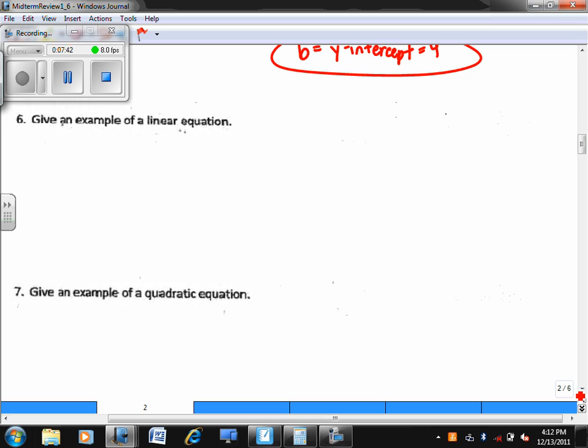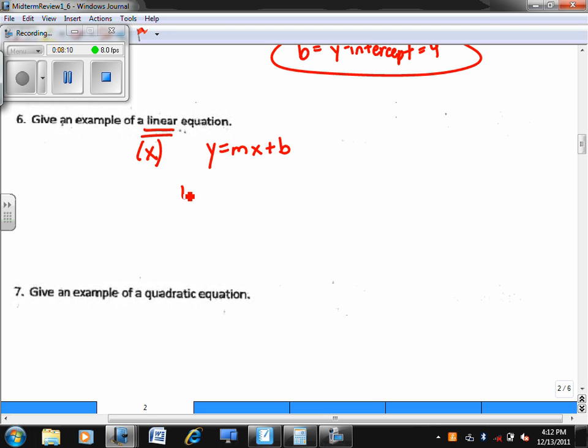Okay, number 6. Give an example of a linear equation. A linear equation is anything in y equals mx plus b format. There are actually other formats, but this is the format that we know. The important thing about a linear equation is that it has an x in it, and it doesn't have any x's with an exponent any bigger. So there's no x squared, there's no x to the 3rd, there's just an x somewhere.